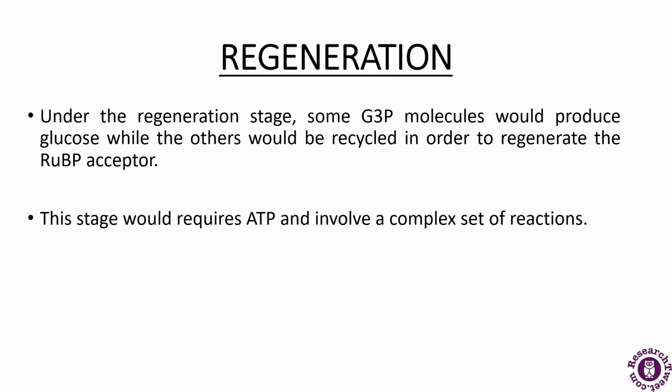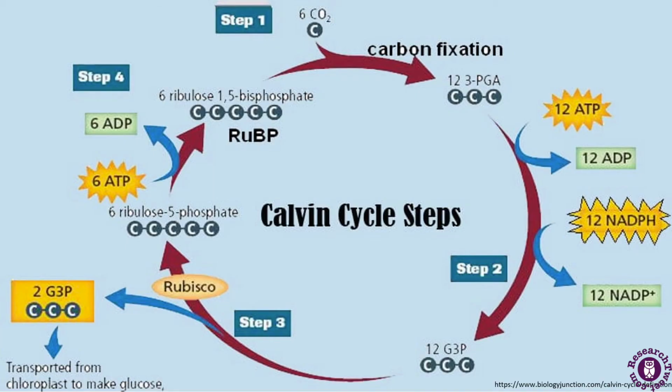So the cycle will be represented covering all these steps in detail. One would leave the cycle to be used to produce glucose, while the rest would be recycled in order to regenerate 3 molecules of the RuBP acceptors. This is about the Calvin cycle.